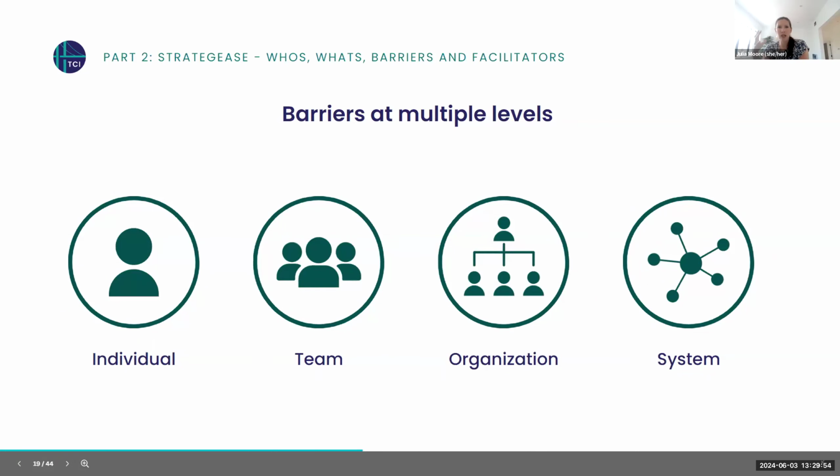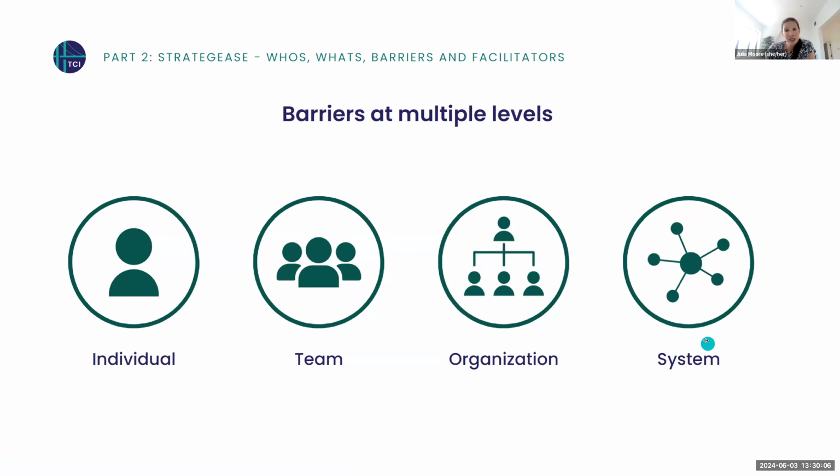Like, we know that this interprofessional team has certain kinds of barriers, or maybe certain kinds of professions have certain kinds of barriers. We also encounter different organization level barriers, and you're going to have different system level barriers. So I know most of you are from Texas, and the barriers in Texas are probably different than the barriers from some of the adjacent states. And so understanding what those barriers and facilitators are locally can really help you.